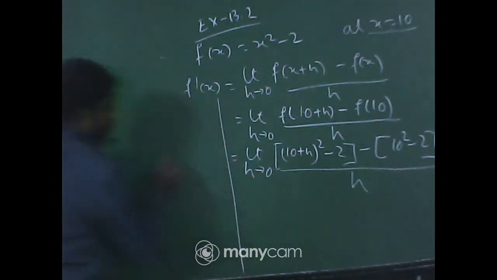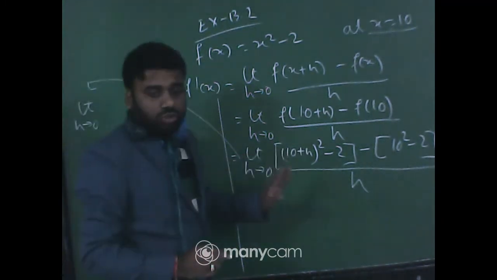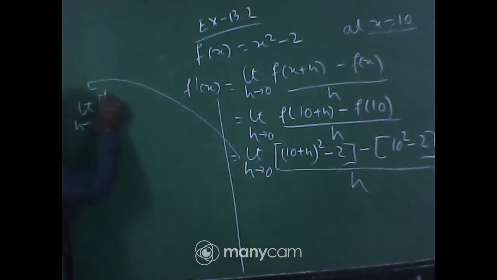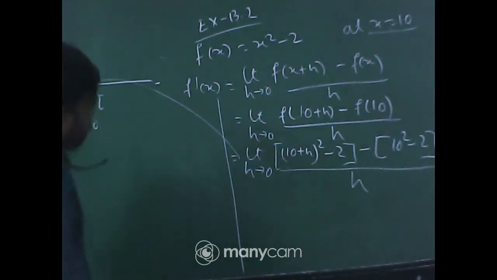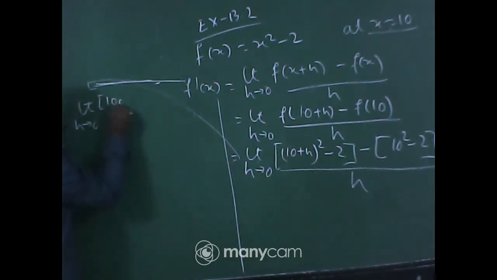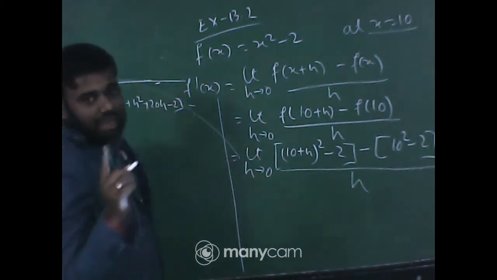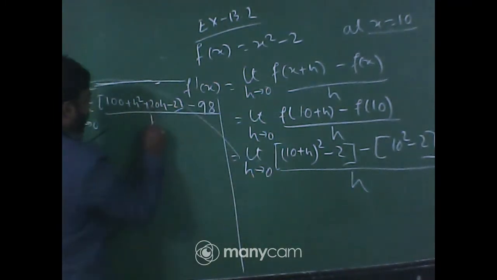Limit h tends to 0. First of all, 10 plus h whole square minus 2. Break it by using the a plus b formula. So that will be 10 square, 100, plus h square plus 20h, minus 2, minus 10 square minus 2, that means 98, by h.